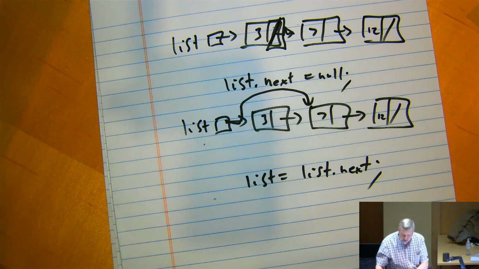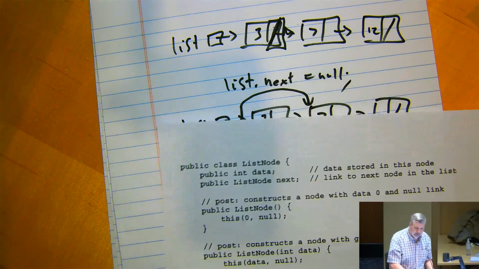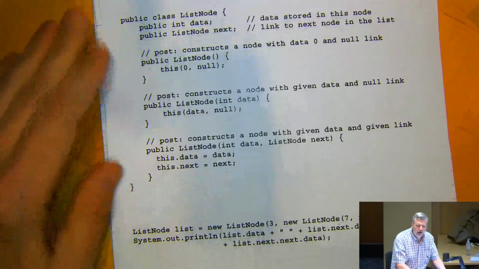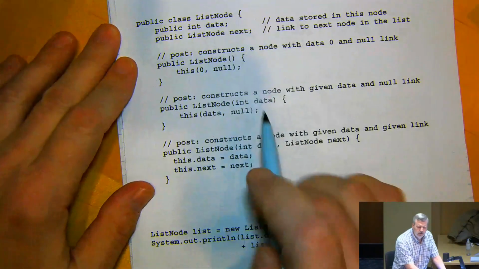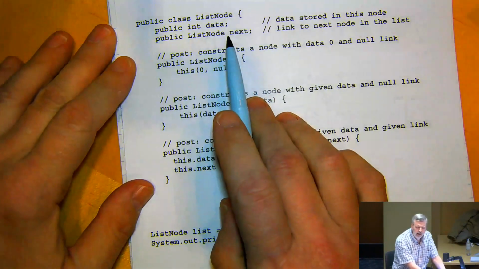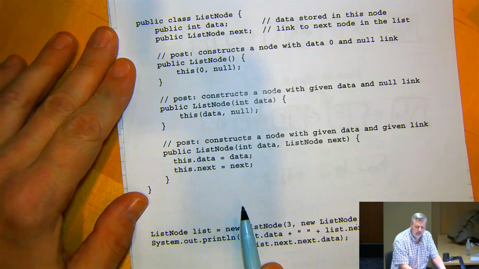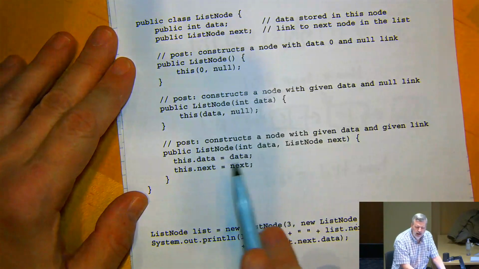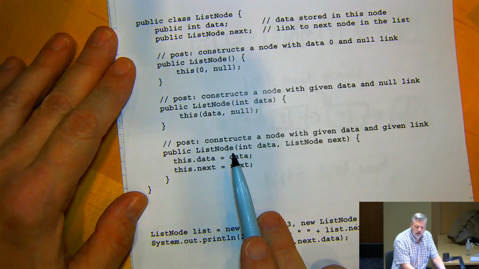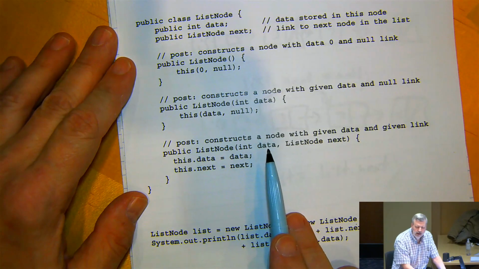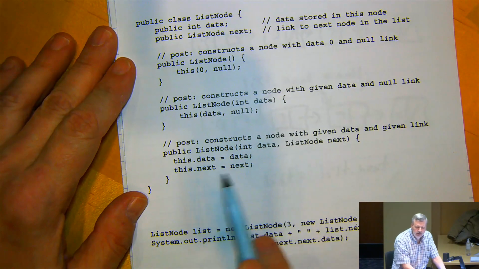Okay, I wanted to show you one more thing, and then we'll talk about a couple of extra issues. So this is the list node class. I'm going to post this on the calendar for today. There are the two fields that I mentioned, but it's going to have some constructors. It has one real constructor that does all of the work, that's got a data and a next that it sets.